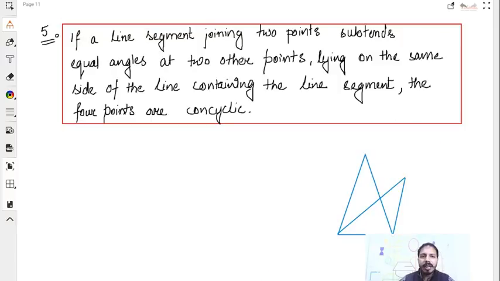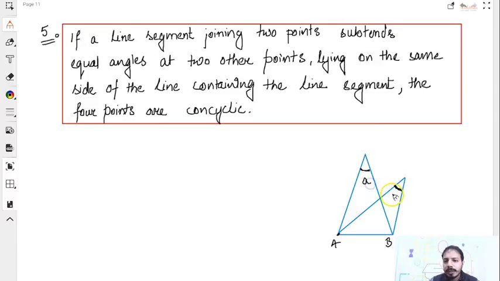Next, if a line segment joining 2 points, suppose I have a line segment, say A and B, and this line segment joining these 2 points subtends equal angles. Say this angle is equal to this angle.